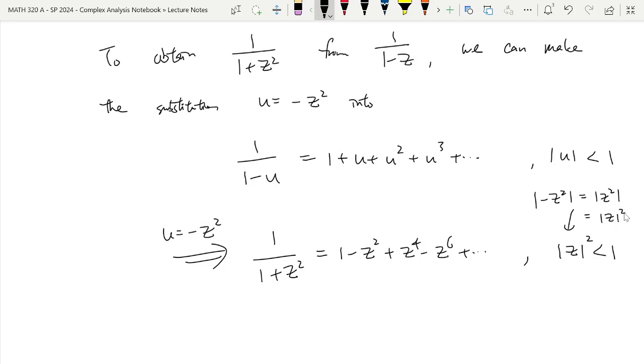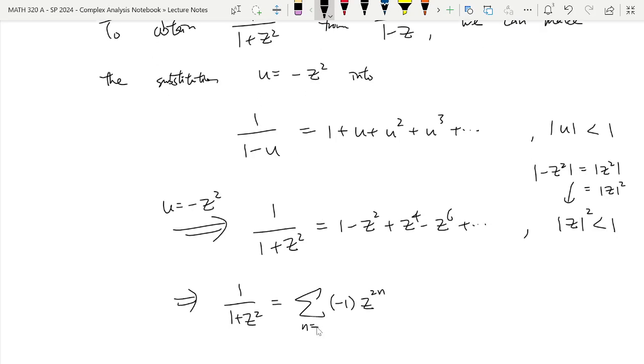But here r cannot be negative. And so therefore, the final answer is this. I repeat the right hand side, and then I need a negative to some power, and I have 2n here. I think I can start n from 0 to infinity, and the first one is going to be positive. And this is valid for just the modulus of z less than 1. Agreed? So that's the first example.